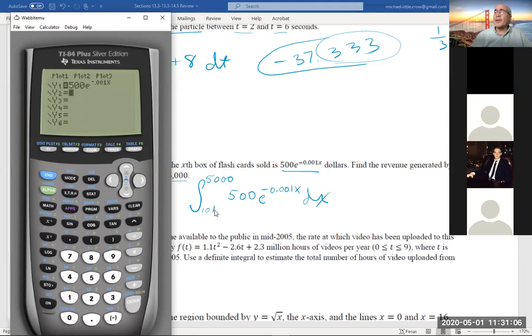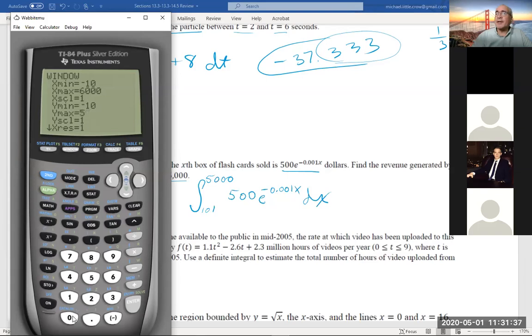Now our limits go from 101 to 5,000. So what we need to do is have our X values go out far enough. We could leave it at -10, but we need to go at least to 5,000. So I'm going to go to 6,000 just to be on the safe side. Our Y values, this is a negative exponent, 500.